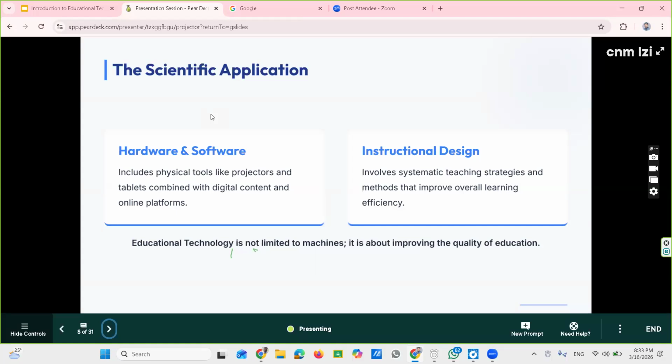In addition, consider the computer, the smart board, the recording devices, speakers, microphone, light pen, and scanners. These are devices you can normally use for education purposes, and they are categorized under hardware.